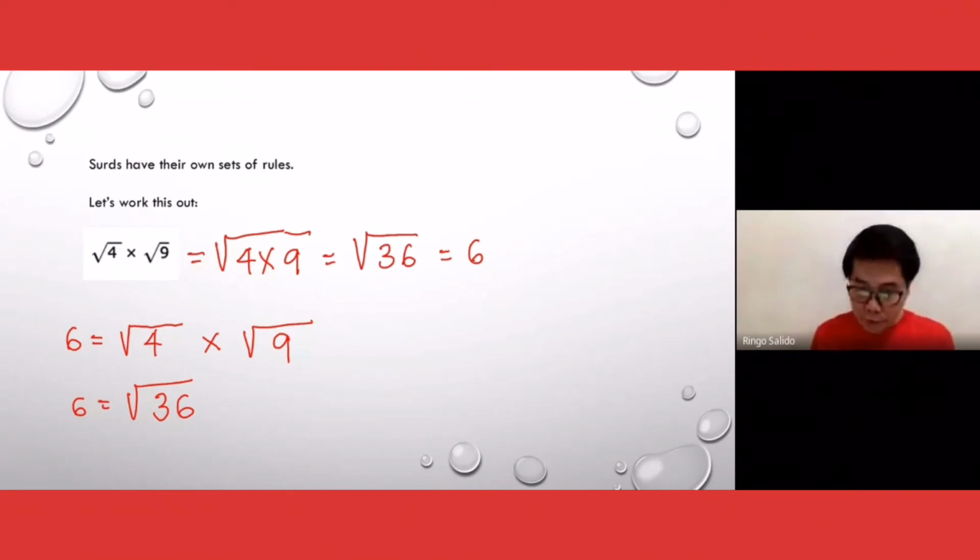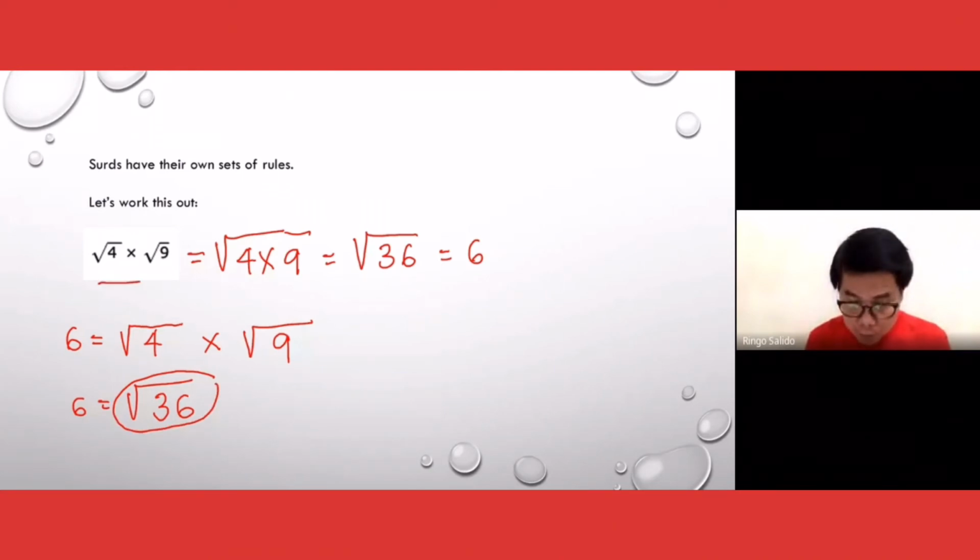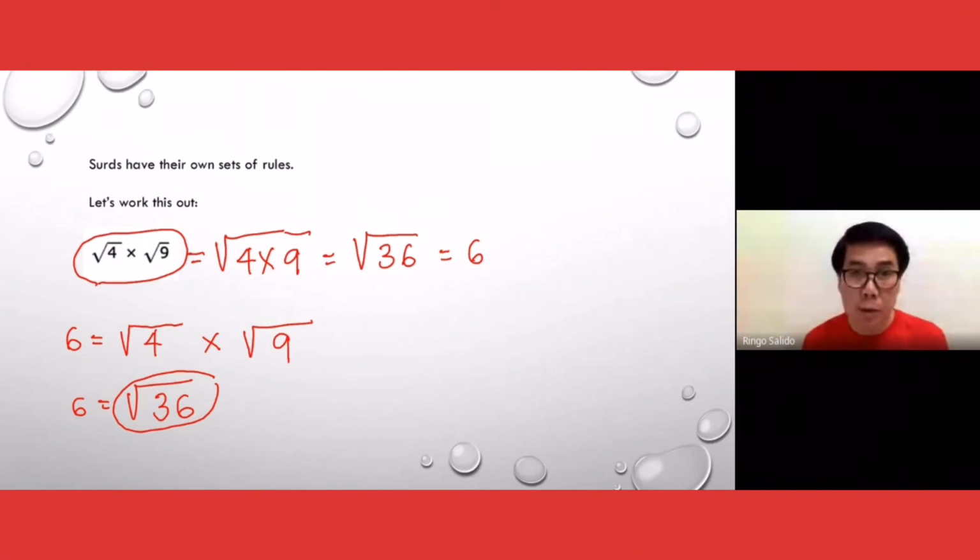Now we can see that there is a link between the square root of 36 and the square root of 4 times the square root of 9.